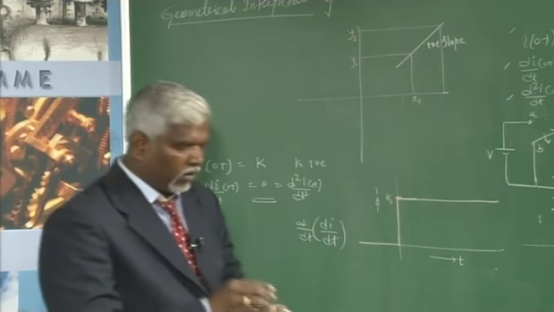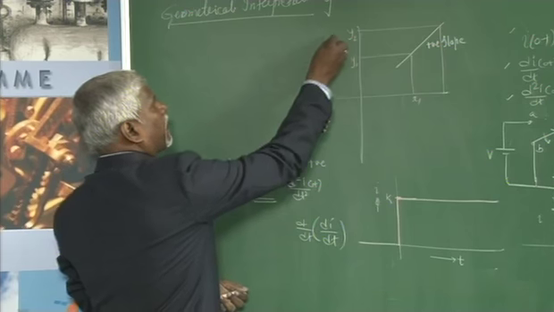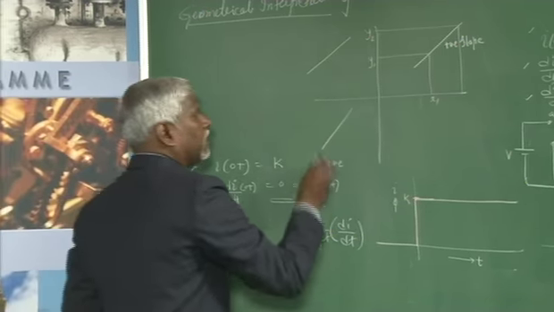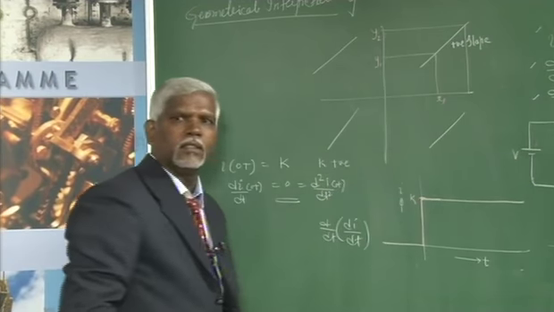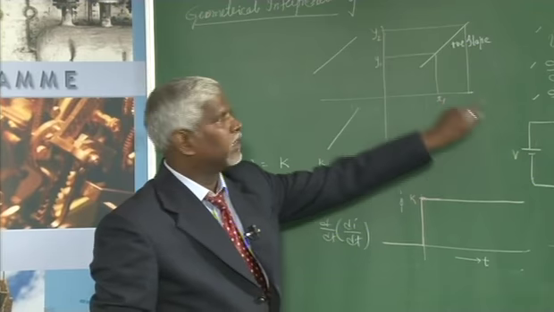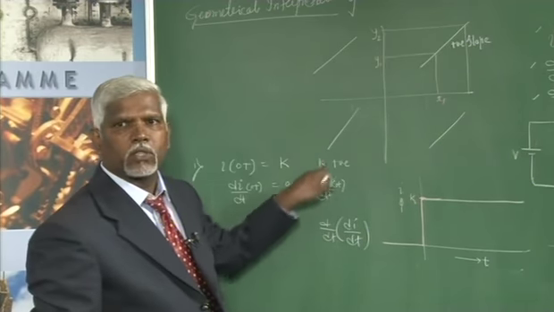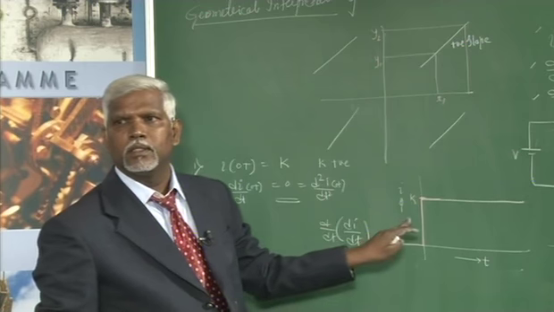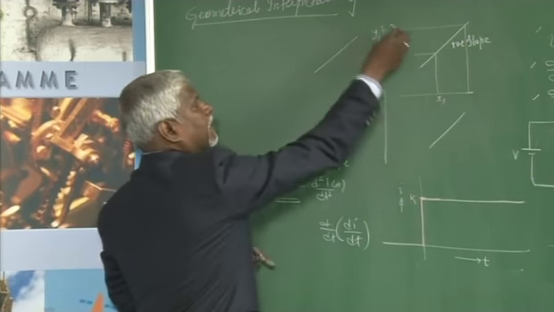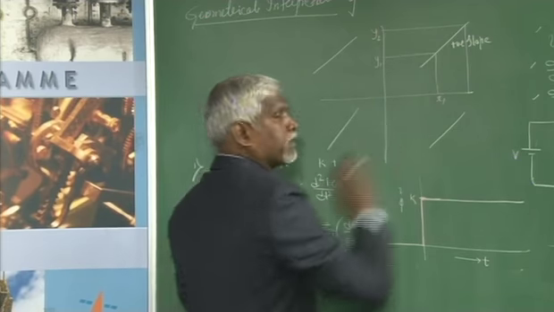Similarly, what about a line in the other quadrant like this? In this quadrant or any quadrant, as x increases, y is increasing, so all are positive slopes. This is a positive slope irrespective of the quadrant.